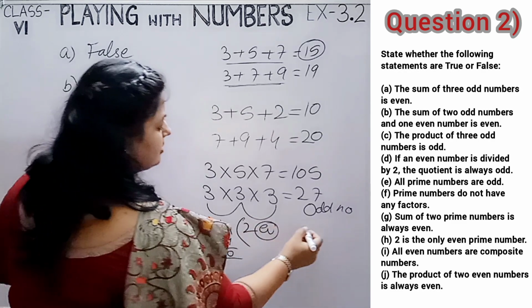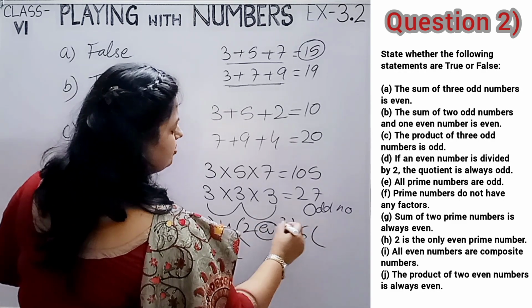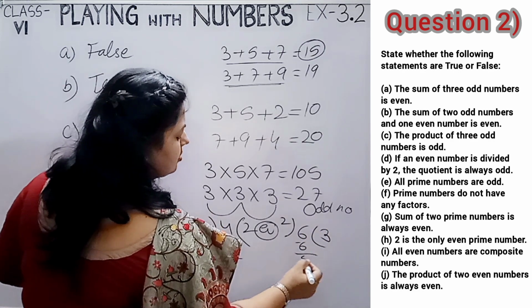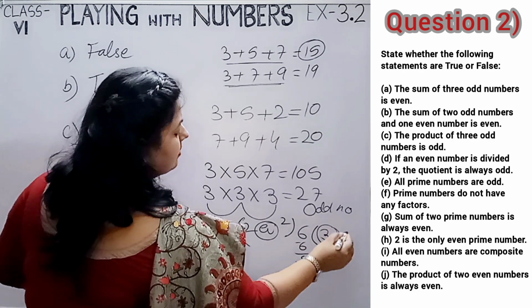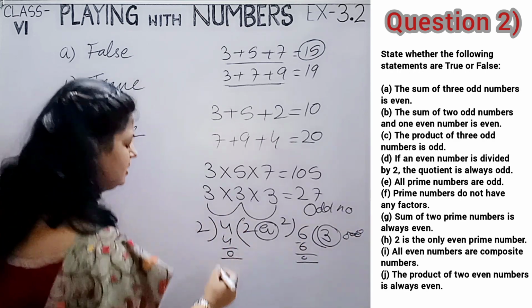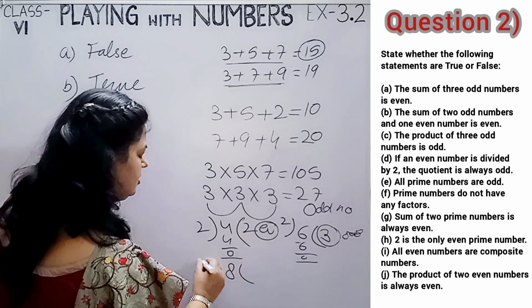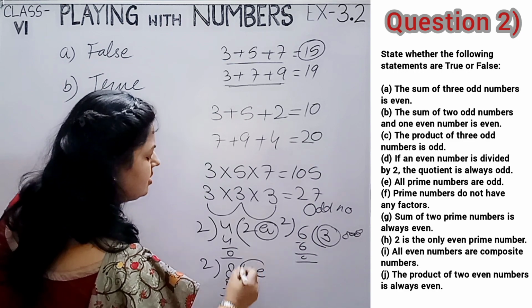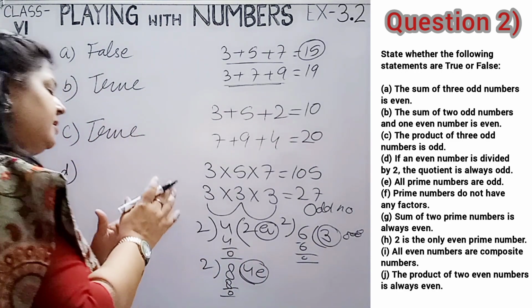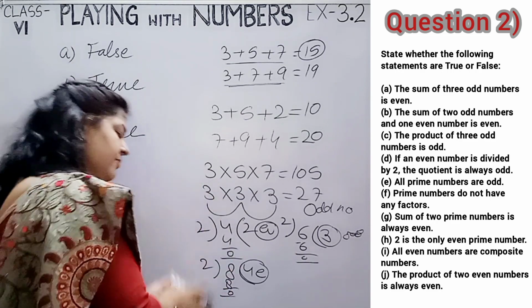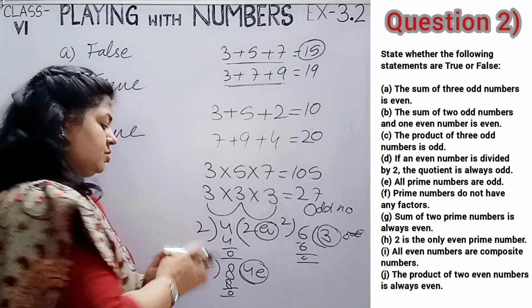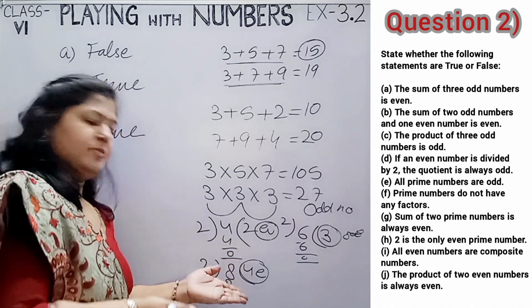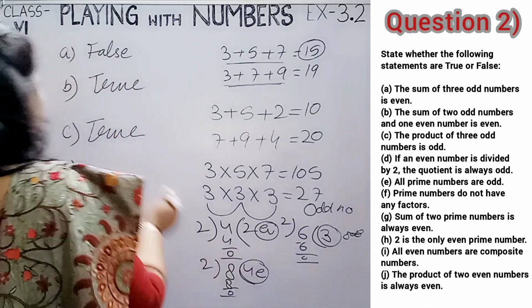One more example, 6 divided by 2. 6 is even number. Now quotient is odd number. One more example, 8, 2, 4, even number. So here we can see that if we divide any even number by 2, so we can get odd number also or even number also. So the statement is false.